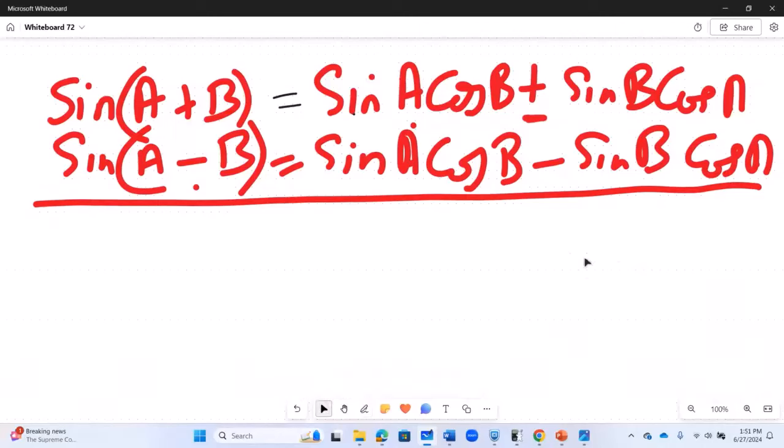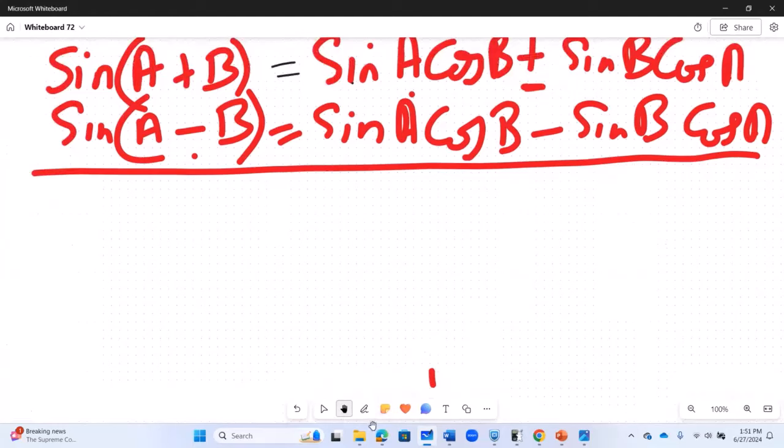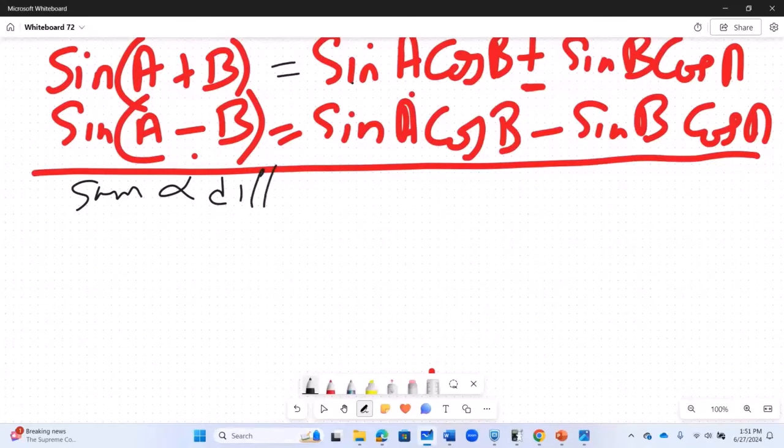So let's go to sum and difference identities for cosine. How do we write it? Sum and difference identities for cosine.